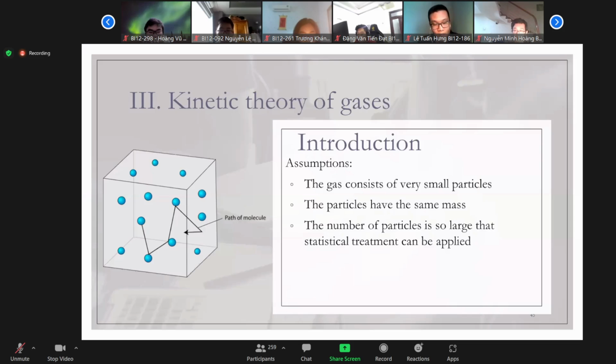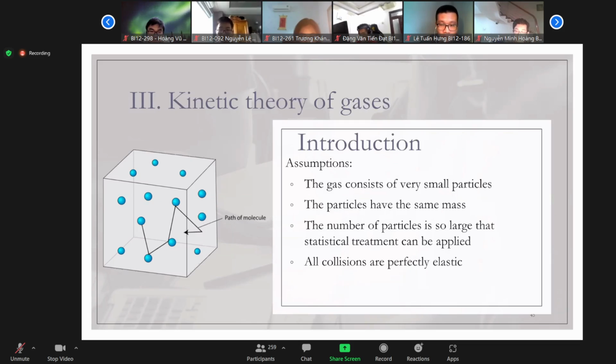Then the number of particles is so large that we can apply statistics. And this one is important. All collisions are perfectly elastic. I think we learned during the first part of this subject, fundamental physics, what an elastic collision is, right?